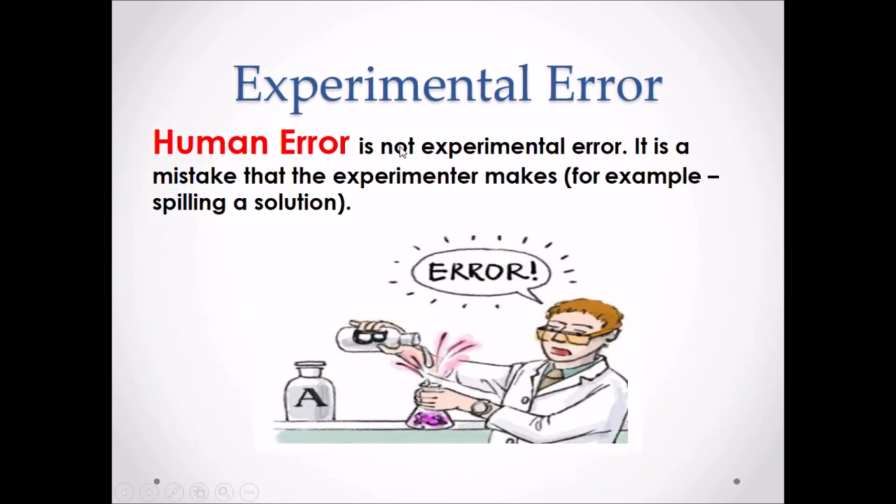Human error is not considered an experimental error. It is simply a mistake that occurs and should be corrected. For example, spilling a solution is not considered an experimental error.